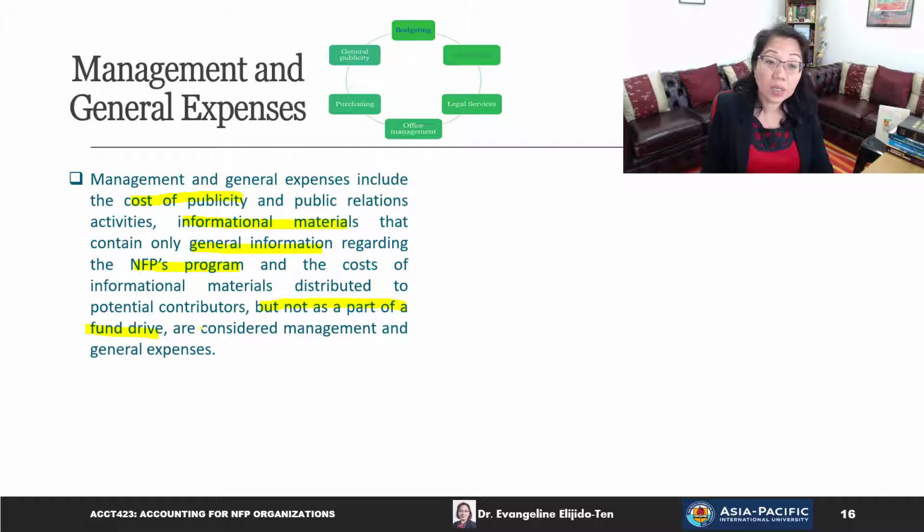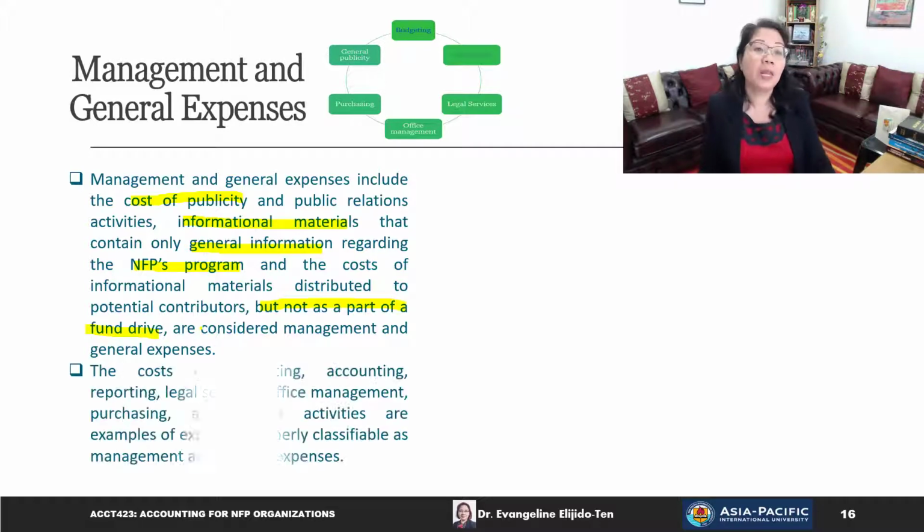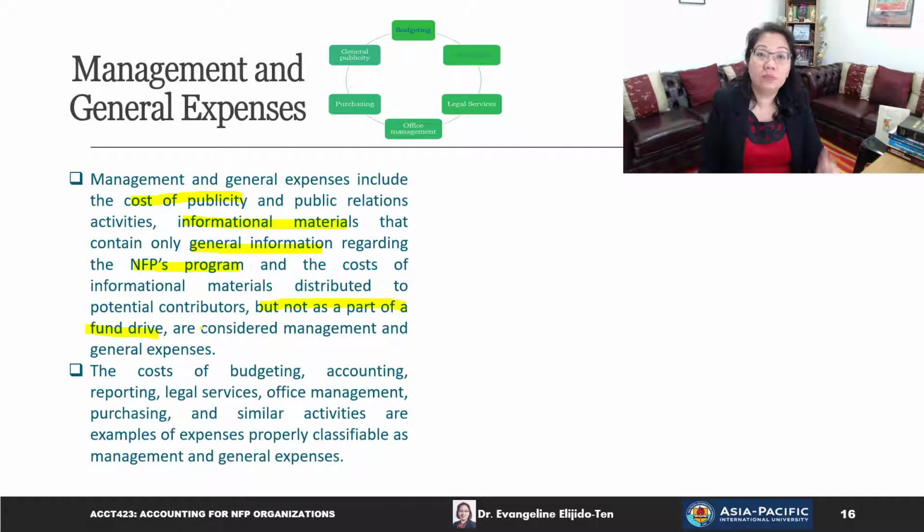So these will be considered management and general expenses if the information is general, not specific to a fund drive. The costs of budgeting, for example, accounting, legal services, office management, purchasing of supplies, and general publicity, all those are considered management and general expenses.